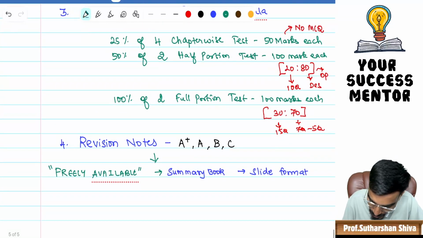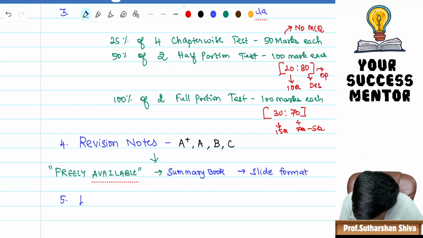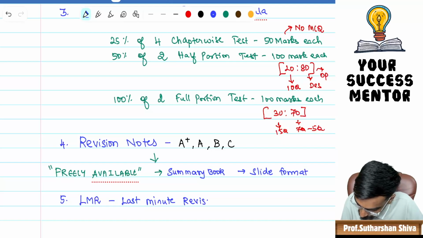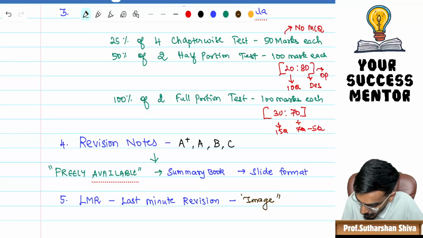Then fifth one, sir, one day before exam, what I should do, sir? One day before exam also I should revise that thing. Yes, if you want to go with that revision, you can go. Or else we will be giving you something called LMR. What is LMR? Last minute revision image for one chapter.